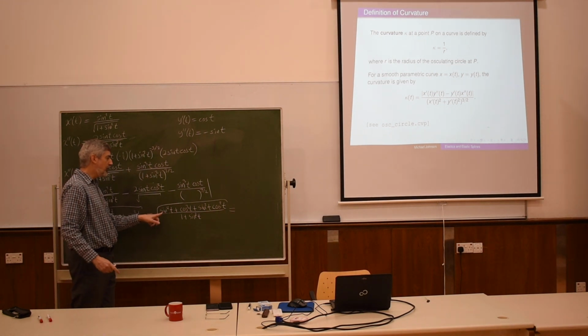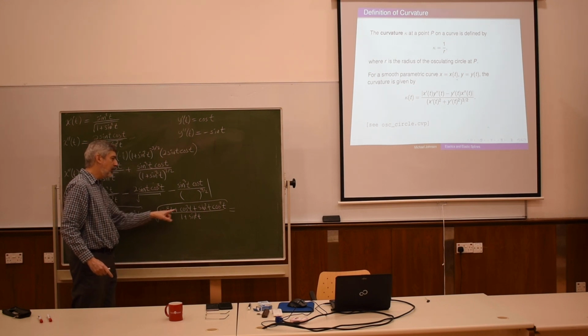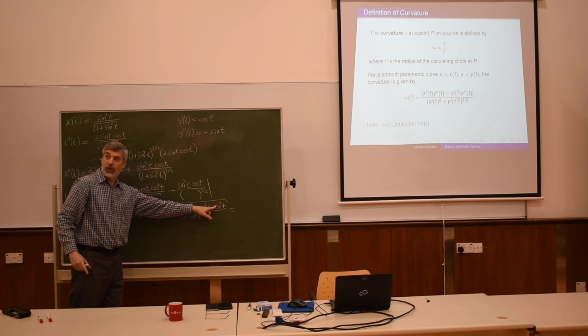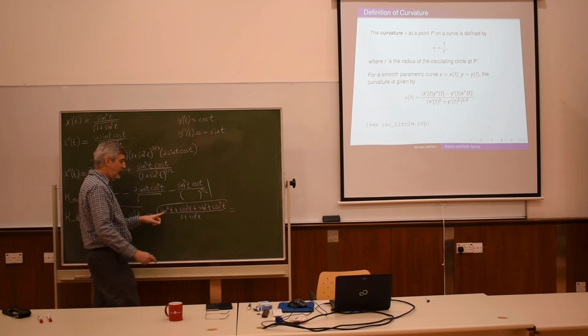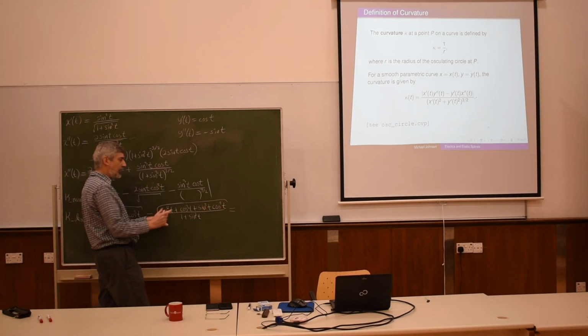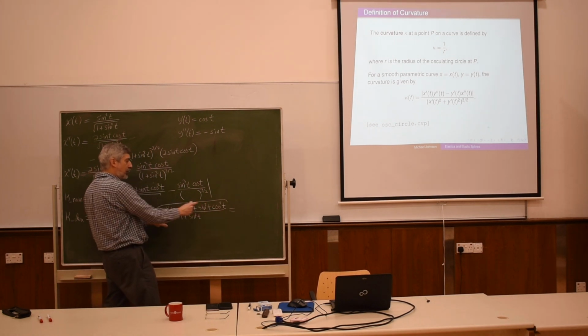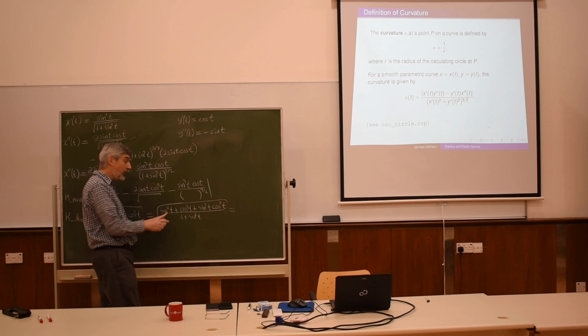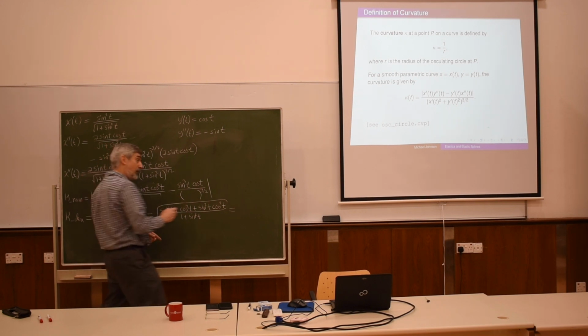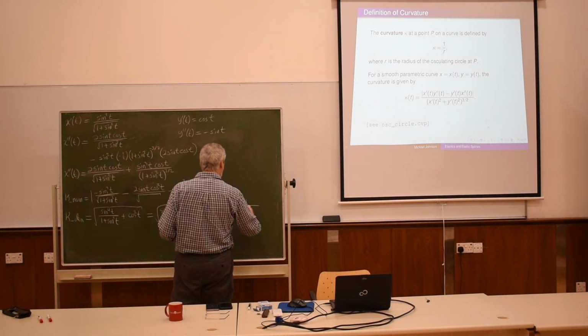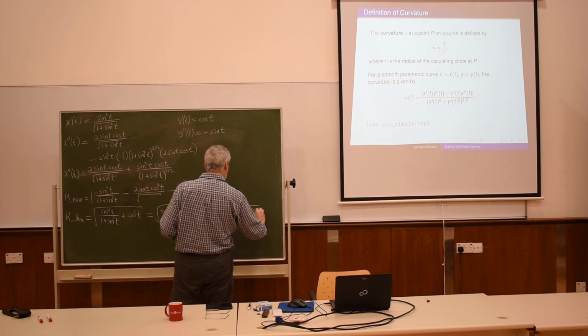So if you pull sine squared t out, what's left is sine squared t plus cosine squared t, which is 1. So this plus that is actually sine squared t. And sine squared t plus cosine squared t is 1. This whole numerator is 1. So it's 1 over square root of 1 plus sine squared t.